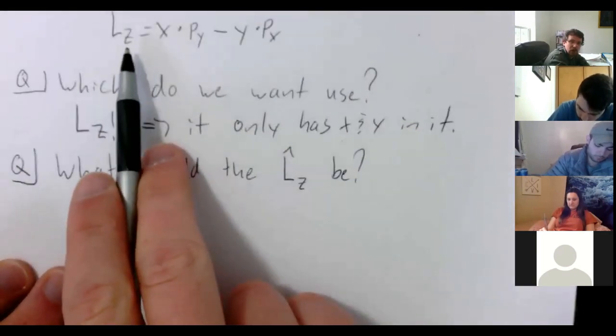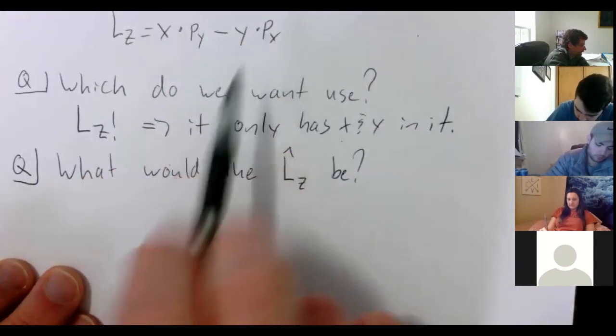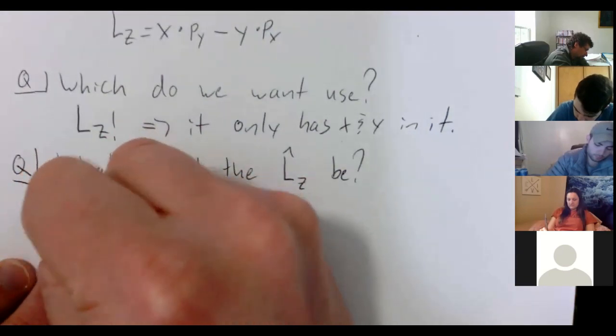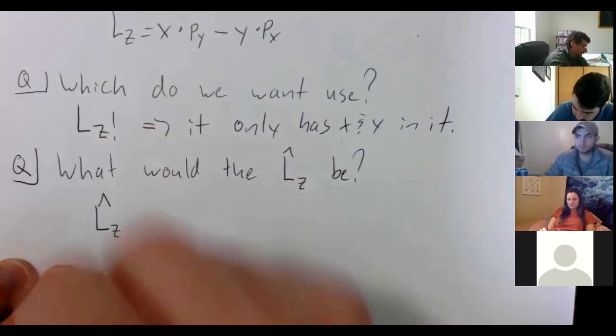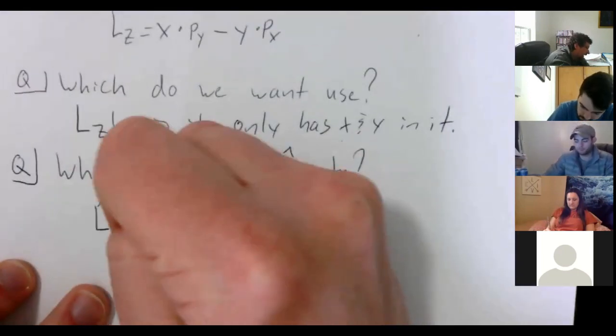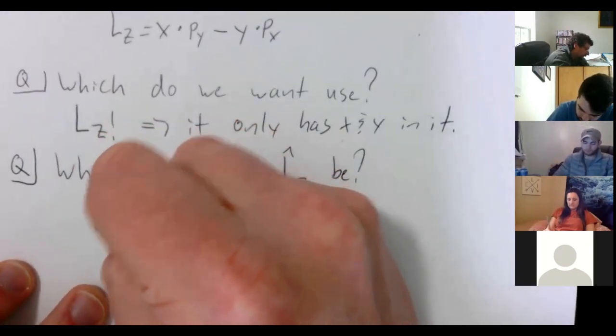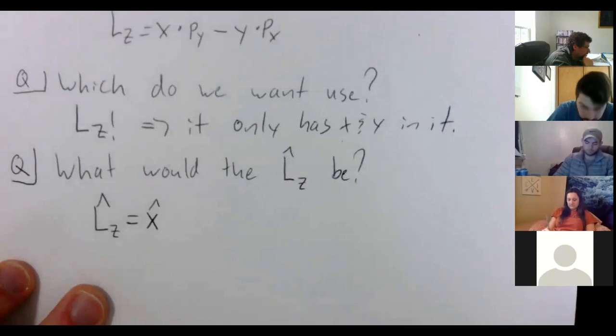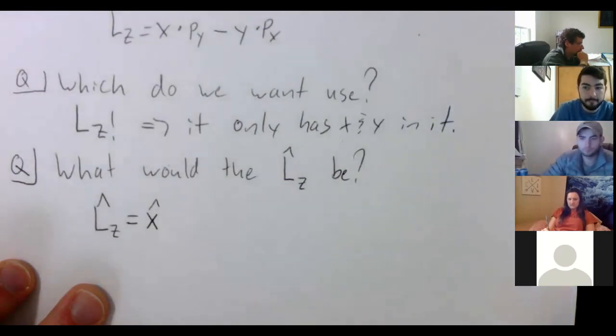So we have this expression for LZ. If we do LZ hat, everything else in here becomes an operator. So we're going to get X hat... I feel like I moved something around.